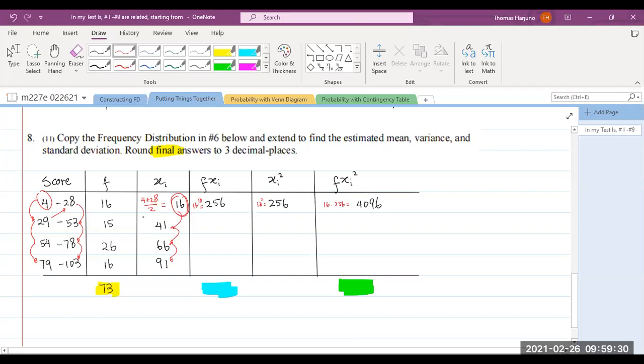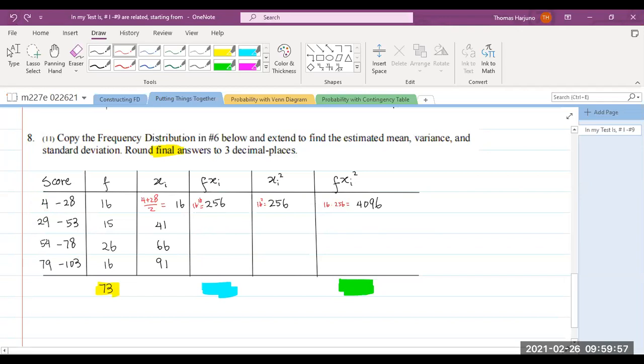You can also do 29 plus 53 over 2 to get 41. You can, but if you want a shortcut, that's the shortcut. The statistician who designed these procedures had in mind to help you do things faster, if you follow the procedure.